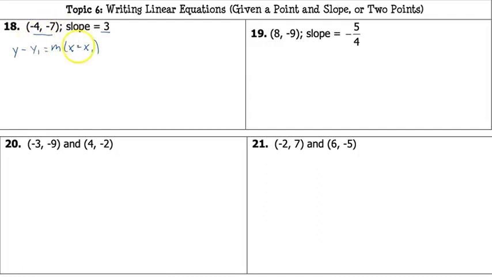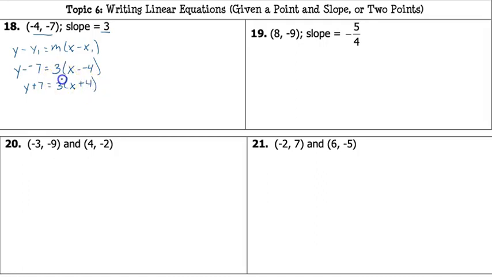Here's my coordinate that I'm going to plug in. There's my m. So y minus the y1, well, the y value is negative 7, equals my m, which is 3, times x minus my x value. Now let's go ahead and put this together. So minus the negatives, we know that's just addition, right? So really what I have here is y plus 7 equals 3, and then in parentheses x, again, minus the negative, that is plus 4.